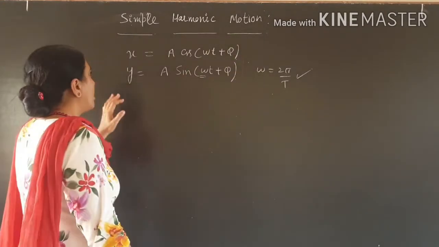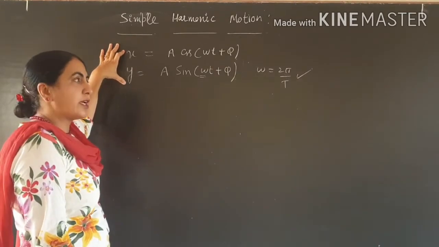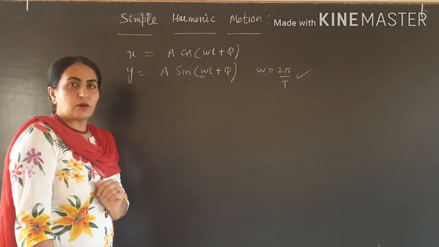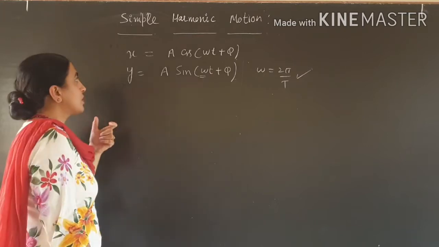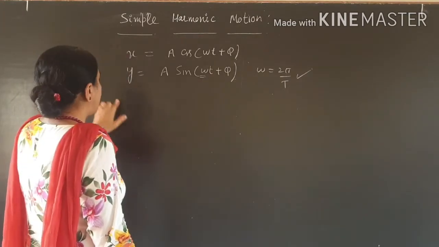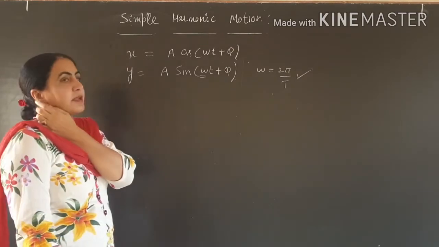Clear? Now if this is the equation of a simple harmonic motion, from this equation we want the differential form of the equation for a simple harmonic motion. To find out the differential form, we take the derivative of x is equal to a cos of omega t plus phi.